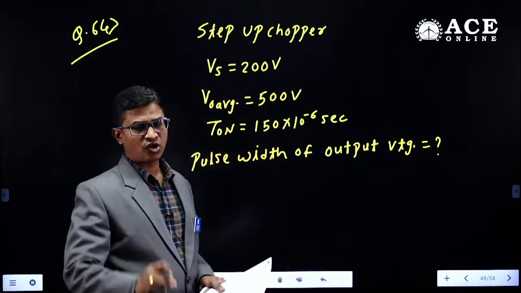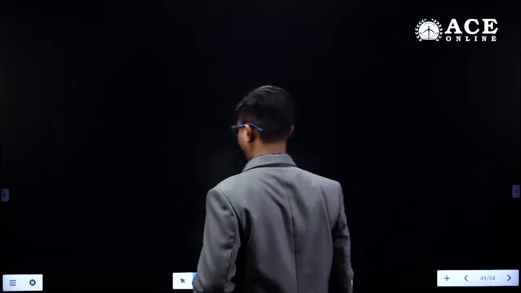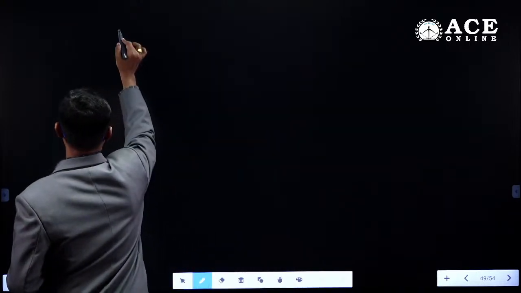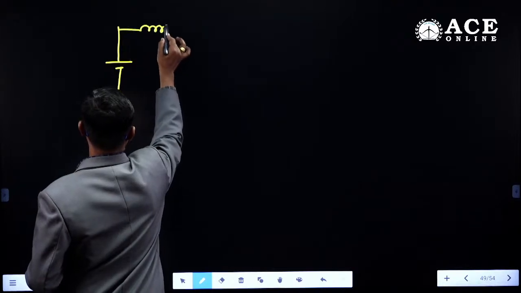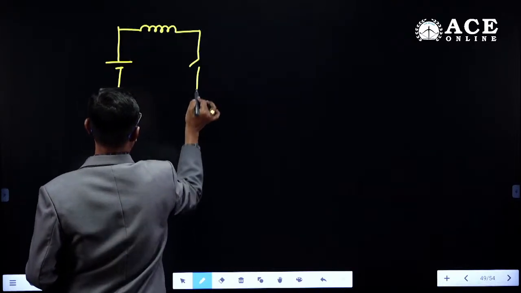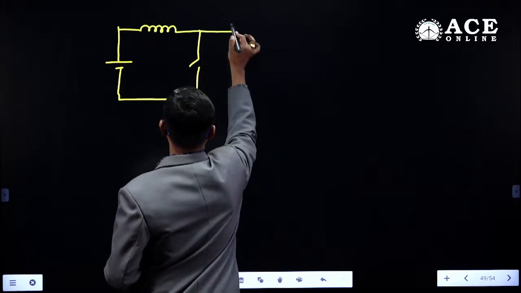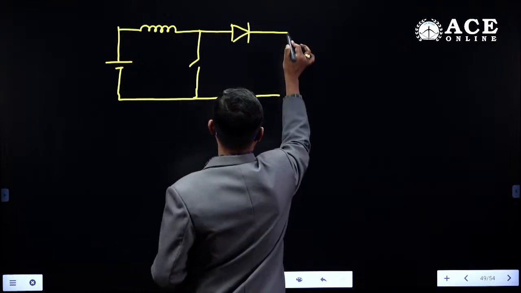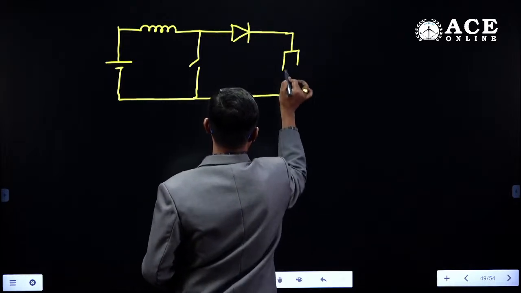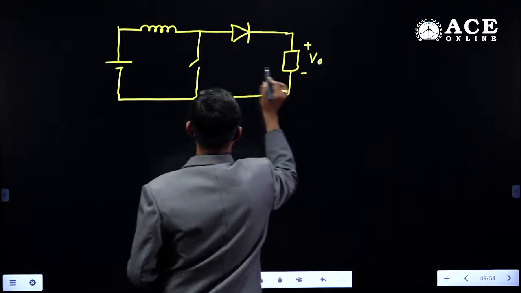So let me first draw the circuit diagram of a step up chopper. Here it is a load. This voltage is V0.